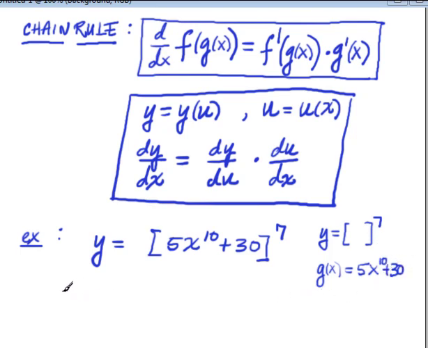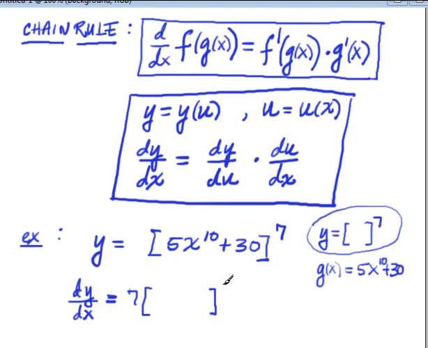Okay, let's find dy dx, or this derivative. Let me write dy dx to emphasize we're taking the derivative with respect to that variable x. So we do f prime of g of x. That's the derivative of the outer function. That's just a power rule. That's the derivative of the outer, and put g of x in there.